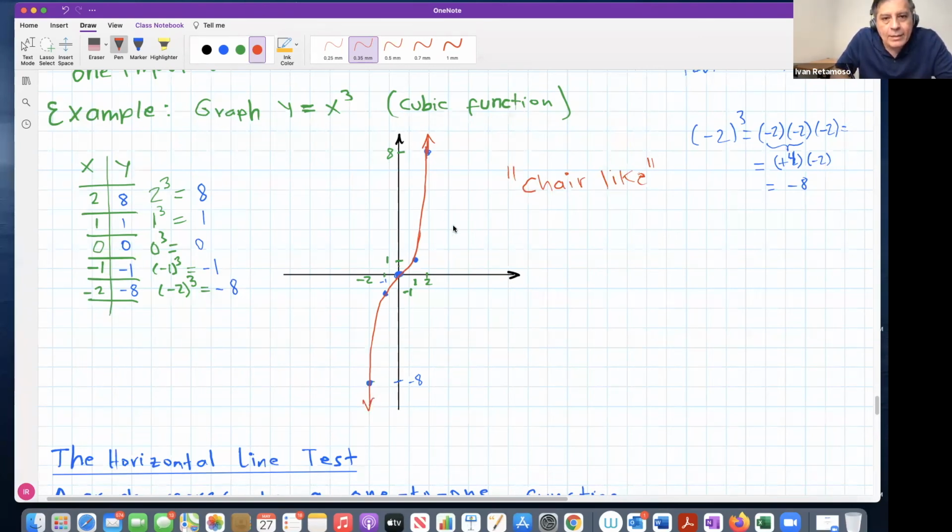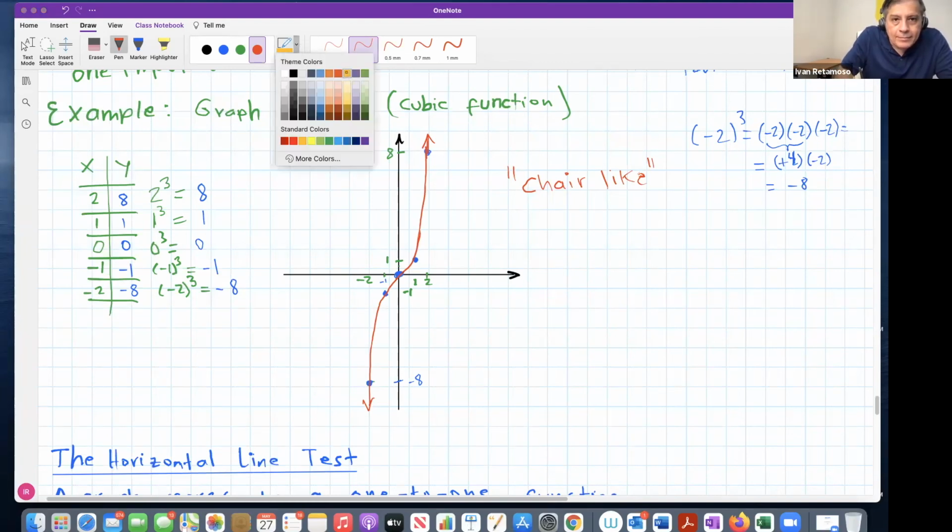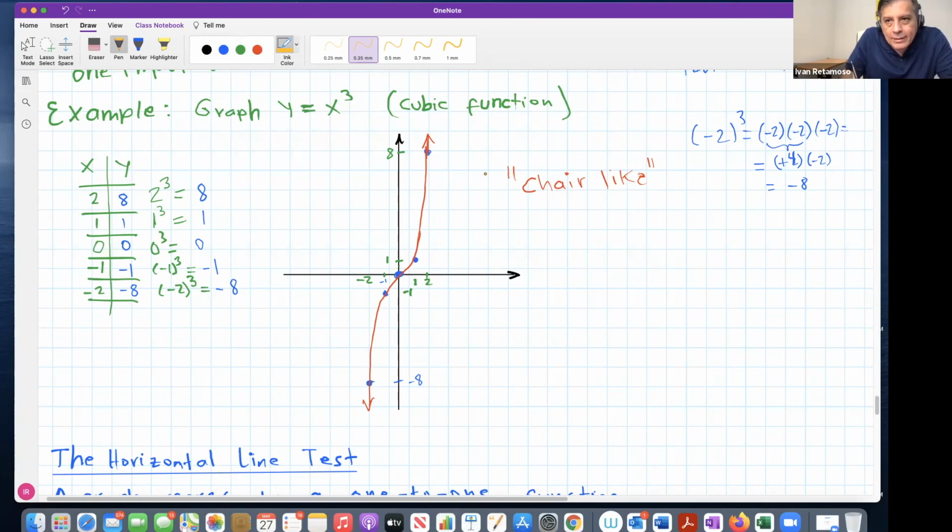Now, mathematicians, when they look at this representation, they notice the following. If we draw now not vertical lines, but horizontal lines, a horizontal line here, another horizontal line here, we notice that these horizontal lines meet the graph only once.